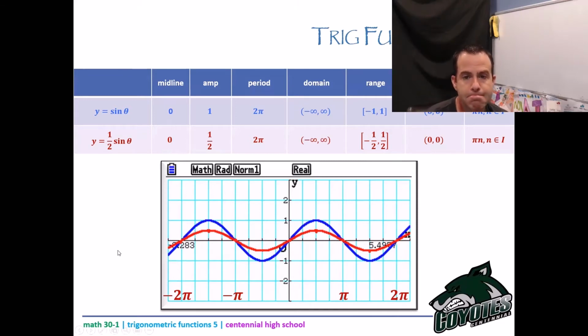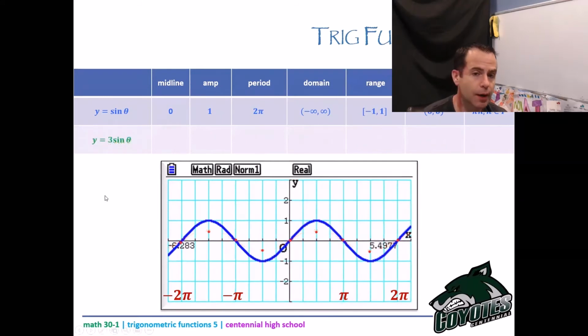Okay. All right, now we're going to try y equals 3 sine of x. So now instead of going up 1, we're going to go up 3. So my max is now going to be there. My midline intercepts are still the same, right?